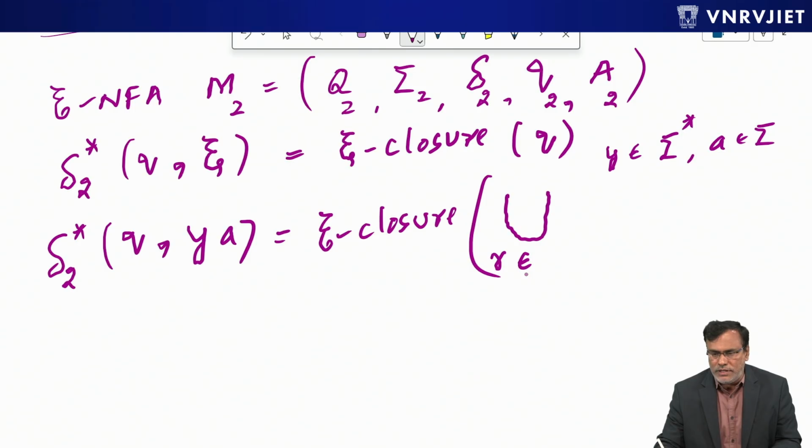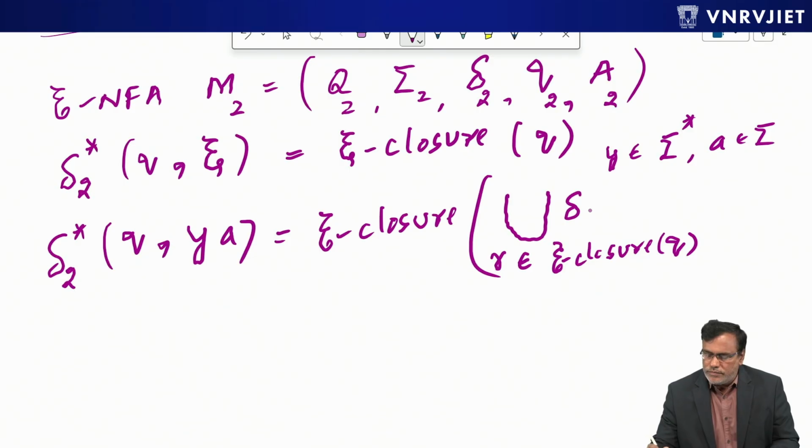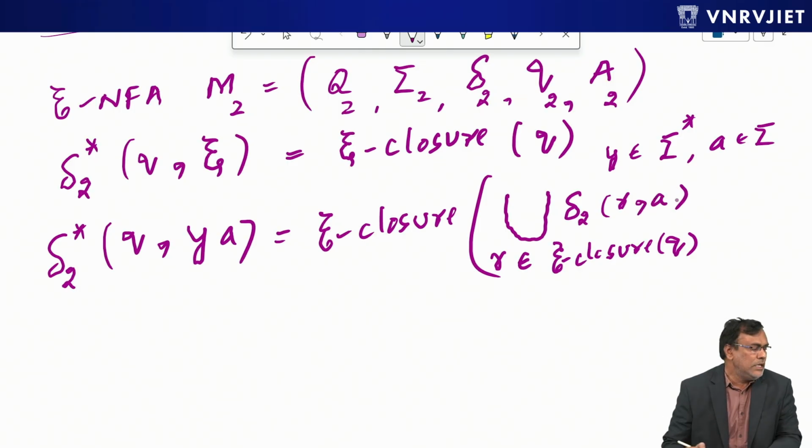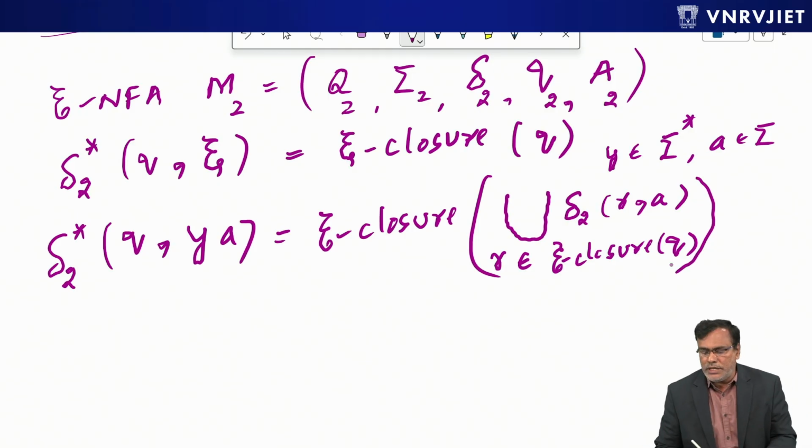The symbol I am using is belongs to, so be careful. Delta 2 is the transition function of this epsilon NFA.